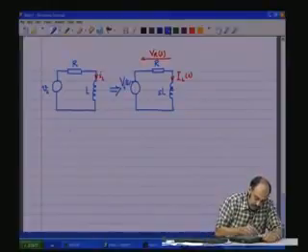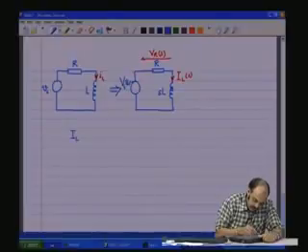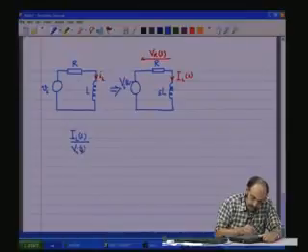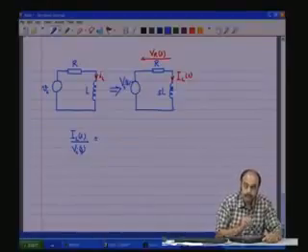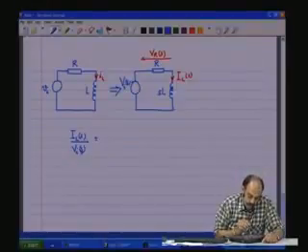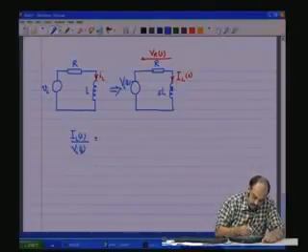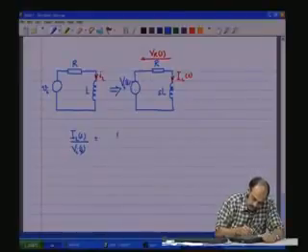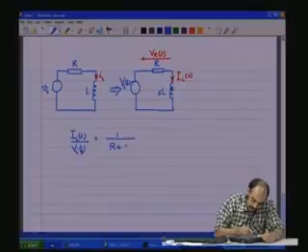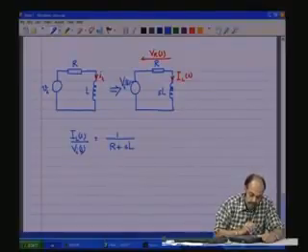Now, if you want the transfer function of I L as the output with respect to the input V I S, what do you get? It is nothing but 1 divided by, that is voltage divided by these impedances, which is R plus S L, plain and simple.